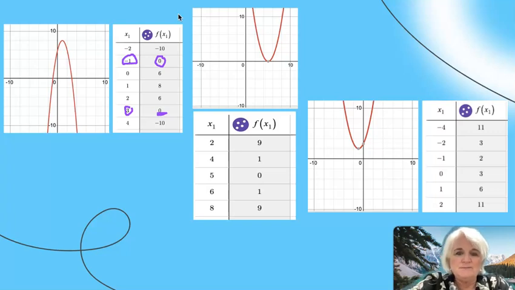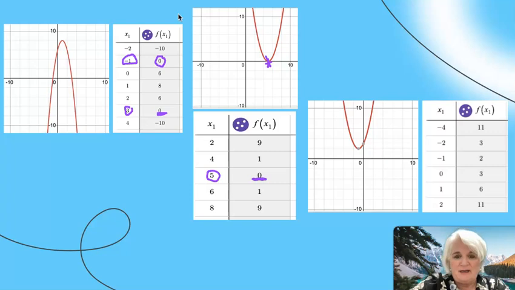On this one, I only have one solution, and it's printed here. It's at 5 is my solution because my y is 0. And on the graph, it's right here. We saw it on the previous page. Again, whenever you have one solution, it's the vertex of the parabola.